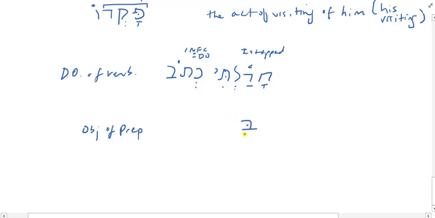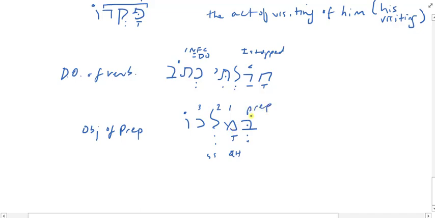So his example here is b'mol'ko. Take a look there at b'mol'ko. This is the verb malakh, which means to reign, and I have the qamets-qatuf silent sheva pattern because I have a pronominal suffix on it. So this is to reign, or the act of reigning. Whose act of reigning? The pronominal suffix tells me his act of reigning, but all of that is the object of the preposition bet.